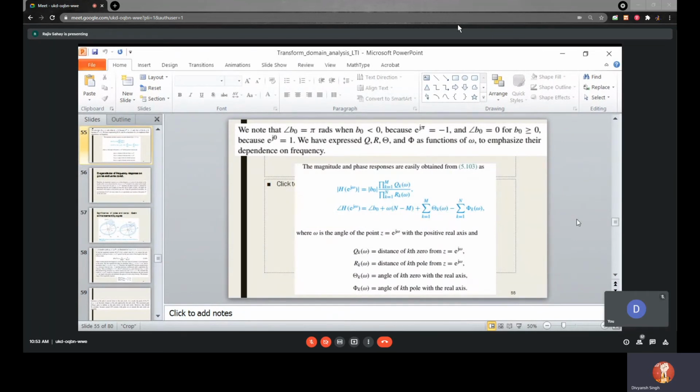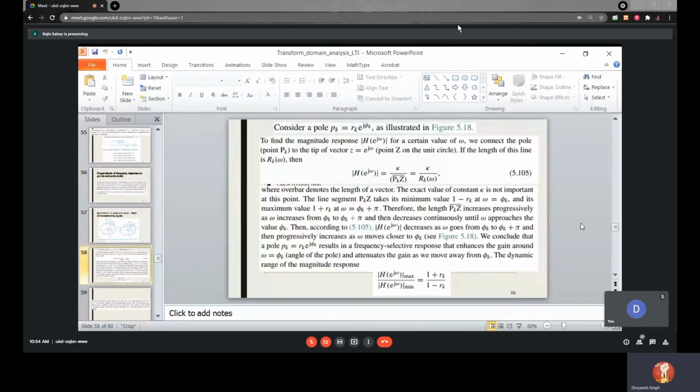Just hold on one second. Okay. So if you see this formula, because we have a single pole, it will be just mod H e to the j omega equal to some constant, here taken as kappa, divided by only the length pk to z.